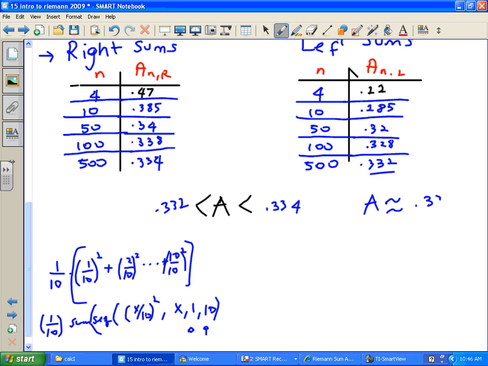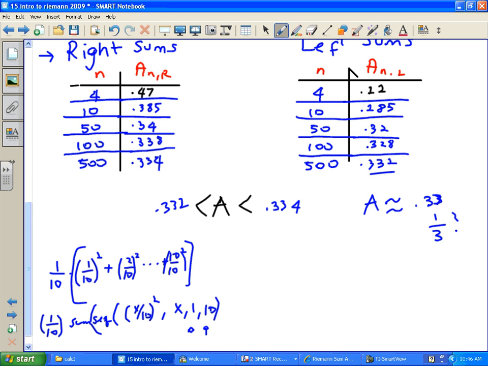Maybe 0.33. If we take a really rough, wild guess, there's a fraction. What might you say? Maybe it's exactly 1/3, right? So this is a pretty good idea we have. It should be really close to 0.333, between 0.332 and 0.334. We're guessing it's going to be exactly 1/3.